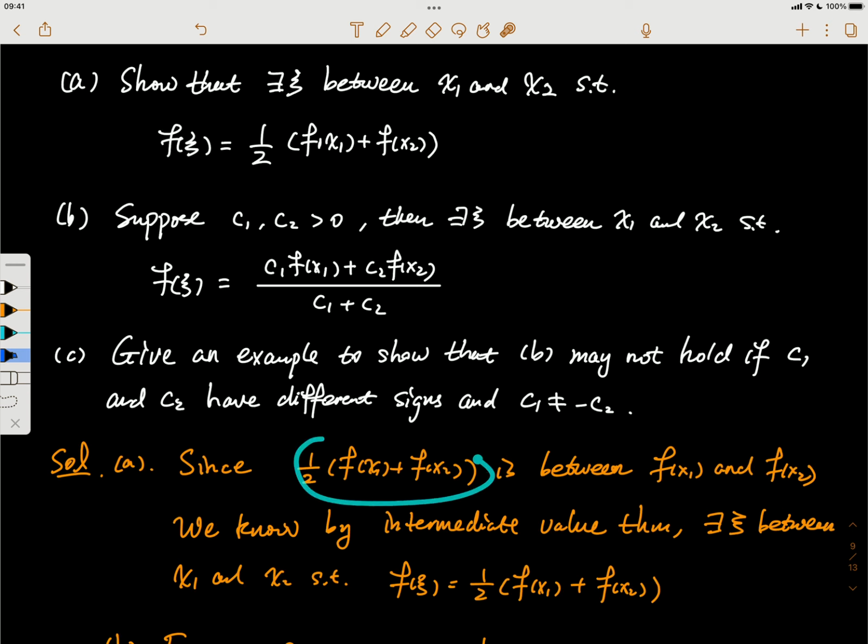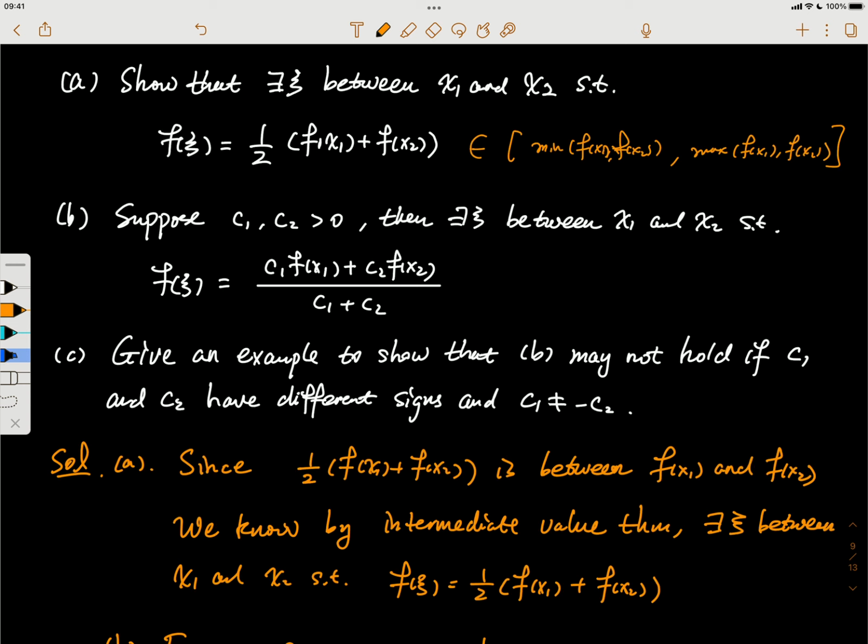Because this is nothing but a value between the minimum of f(x1), f(x2) and the maximum of f(x1), f(x2). The reason is that between f(x1) and f(x2), there must be one smaller, one larger.